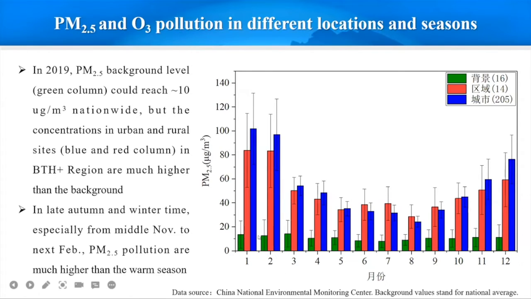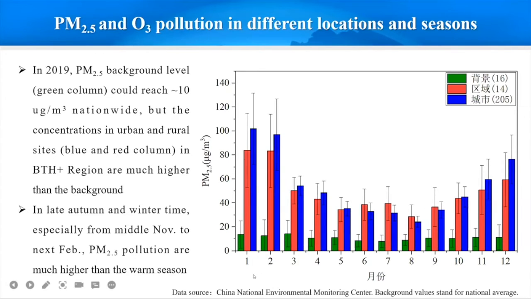Also in late autumn and winter, for example from November to the next February or March, PM pollution is much higher than in summertime, for example from June to September, which is much lower than the cool seasons.